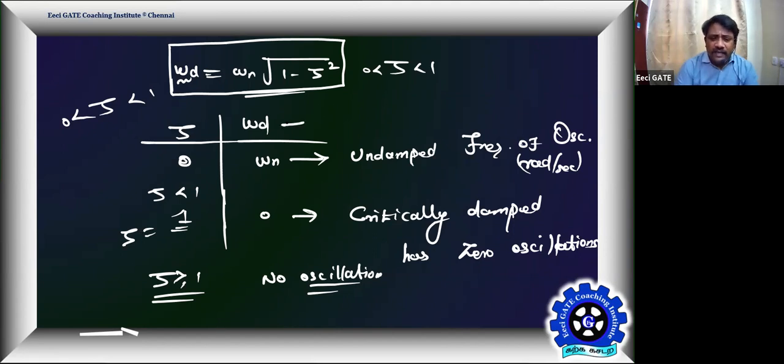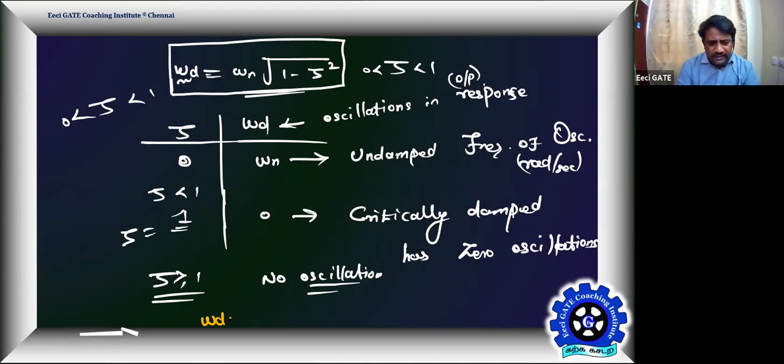Omega d is the one talking about oscillations in the output response. We'll see that only by going through the response, we will see oscillations in the response. So response means C of t only. Oscillations in the output response you will get. That's what it means. Output response will have oscillations of omega d. So omega d is already defined.